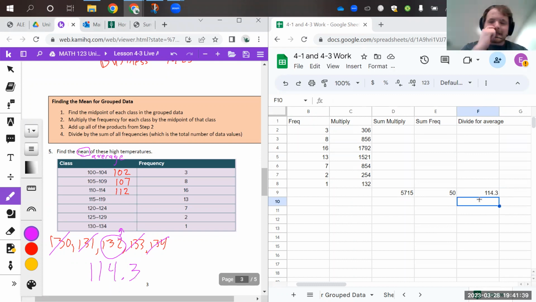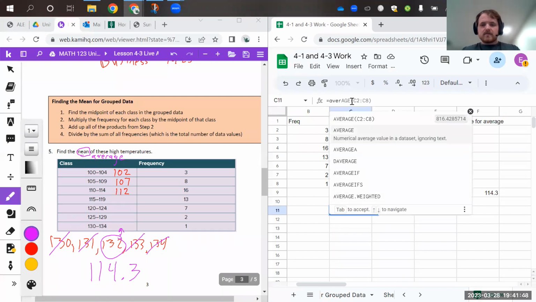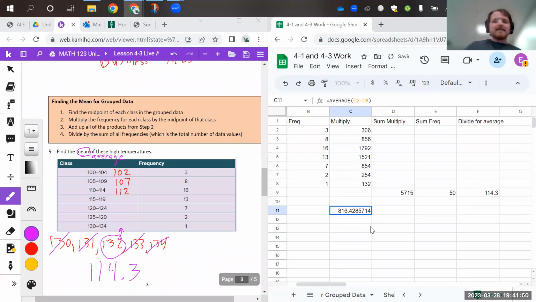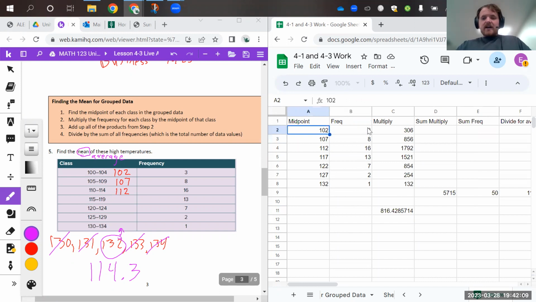The reason I didn't just use the average function is that if I average just this column, I get that, and that's not 114.3. It's saying there's only one 306, but the 306 came from the fact that there were 3 102s.